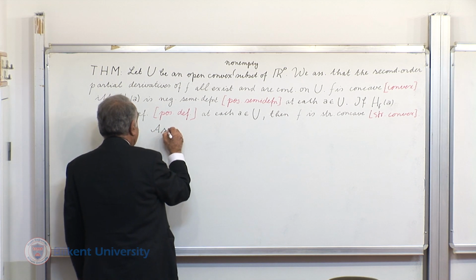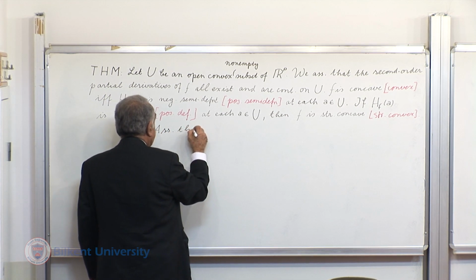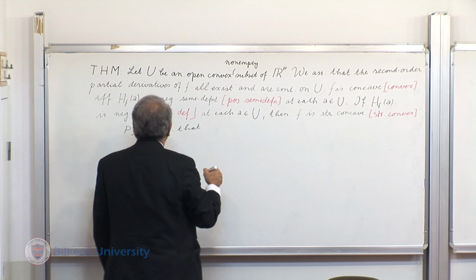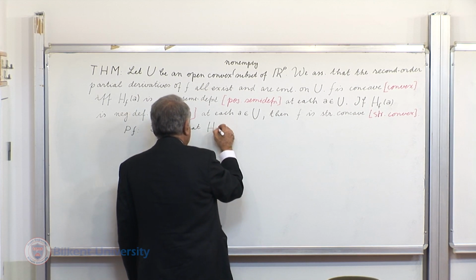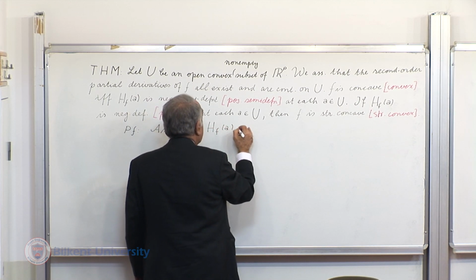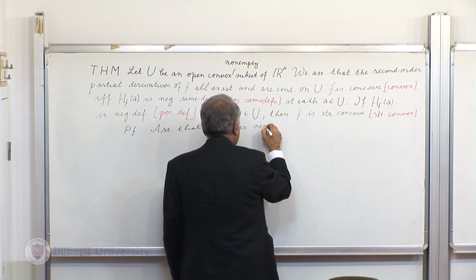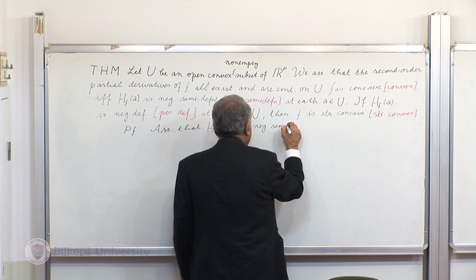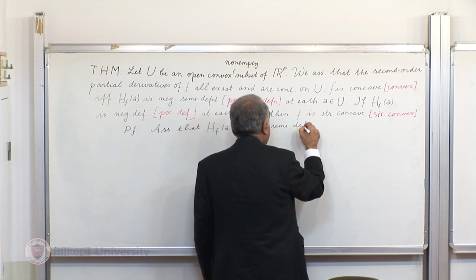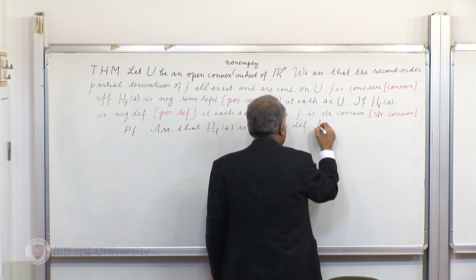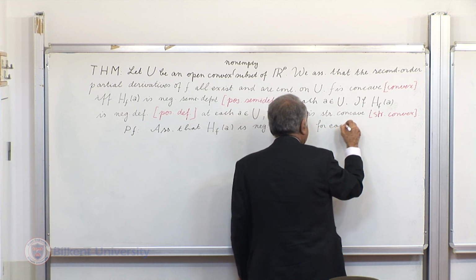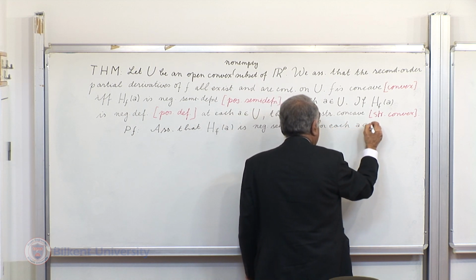Assume that the Hessian of f at a is negative semi-definite for each a in U.